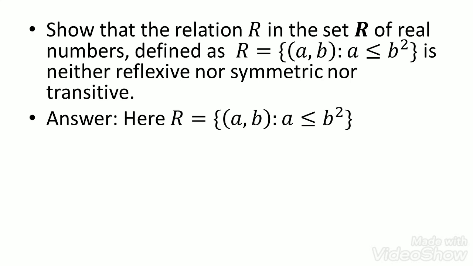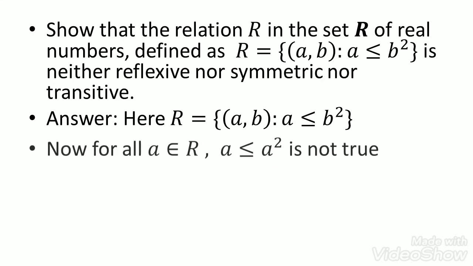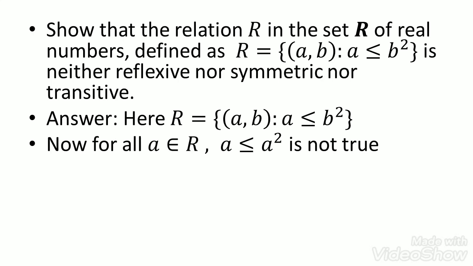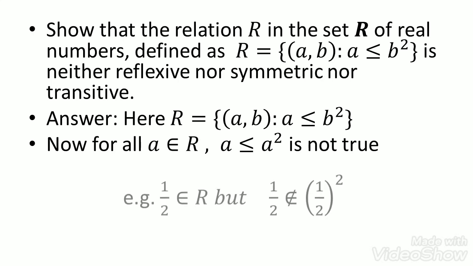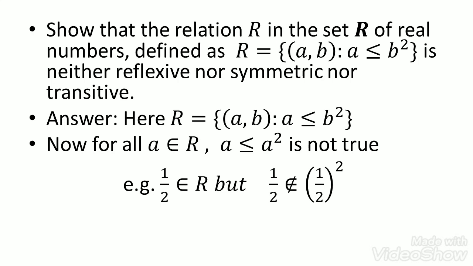Now for all real numbers, a is less than or equal to a squared is not true. We can show it by putting examples. Consider the real number half. Half belongs to R. But what is the square of half? The square of half is 1 by 4.